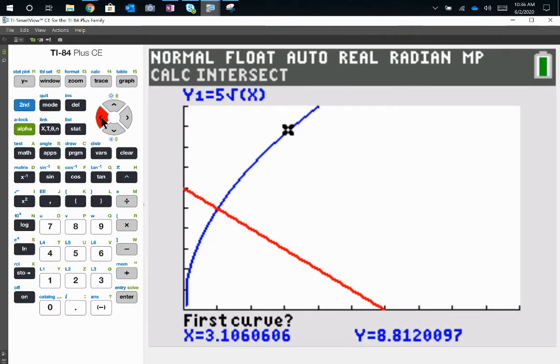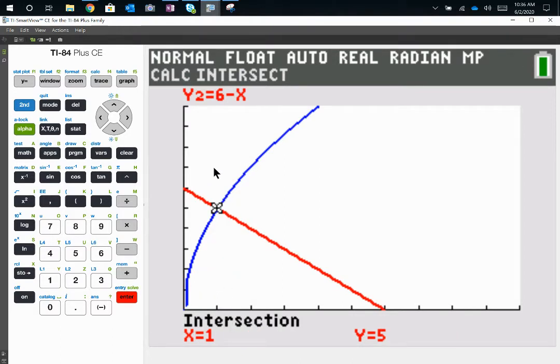Okay, it doesn't have to be exact. And then hit the enter button 3 times. Enter, enter, enter. And it's telling us the intersection is at 1 and 5.